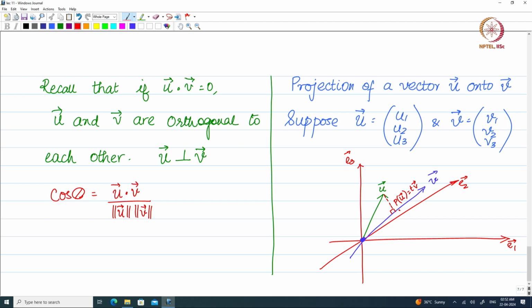It is interesting that if you remove this projection of the vector u along the direction of v, whatever is left is the component u minus t v, and this u minus t v is orthogonal to the vector v. So, this is going to be 90 degrees, and this is our parallel vector.